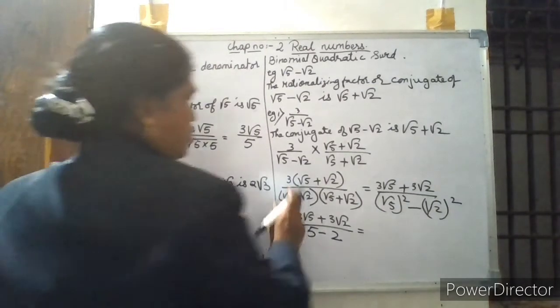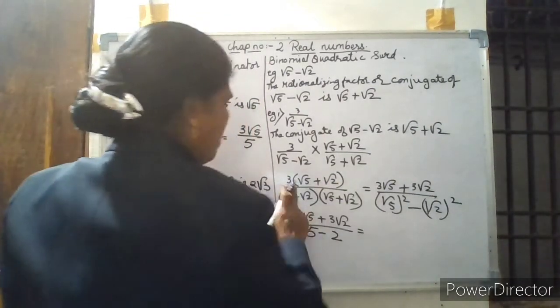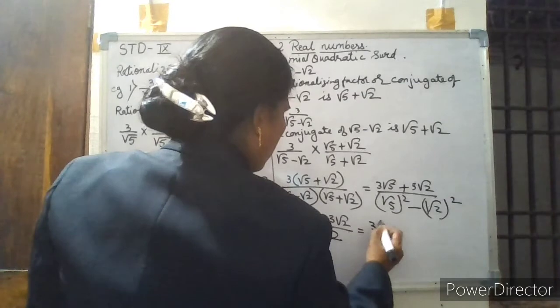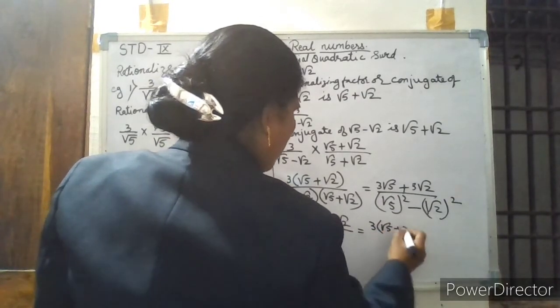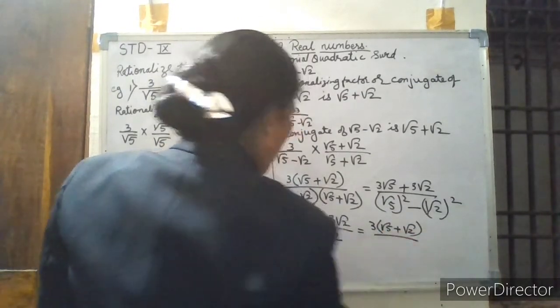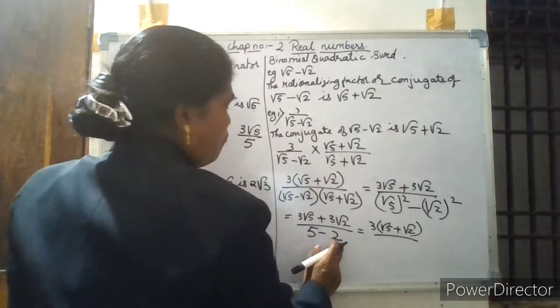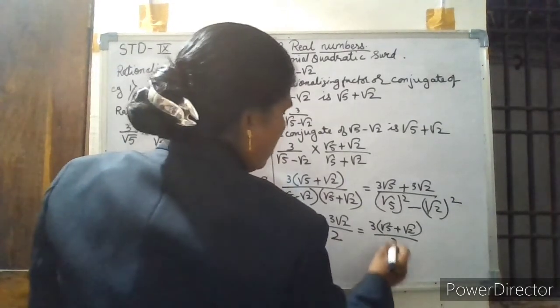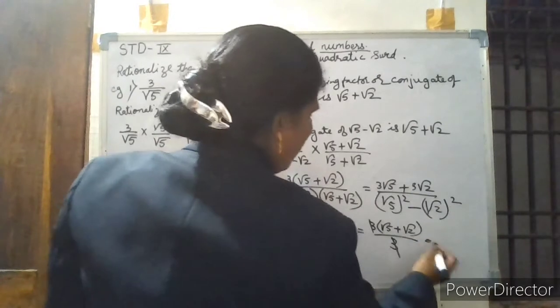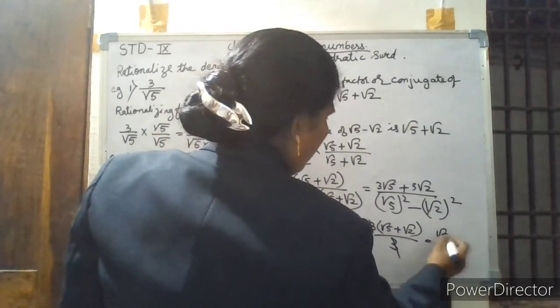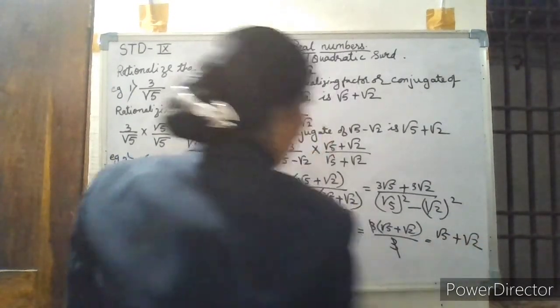Instead of multiplying we could keep it like this: 3 into root of 5 plus root of 2 upon, because this denominator 5 minus 2 is 3. This 3 and this 3 cancel, so only root of 5 plus root of 2 is left. So this is the solution.